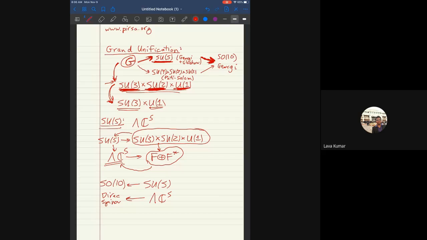So this was our representation of SU5, but then it becomes a single irreducible representation of SO10. Anyway, that's the story that I want to explain now in brief. So let's do it.